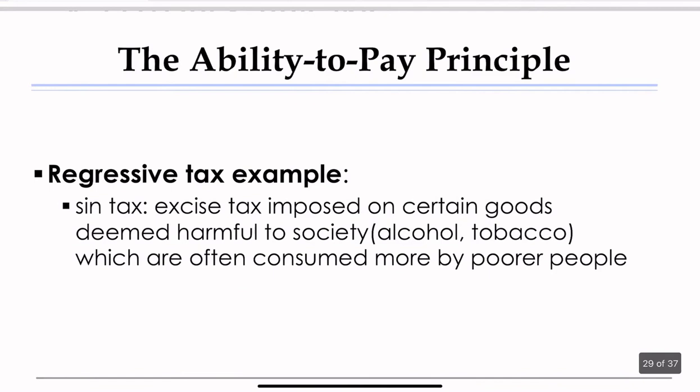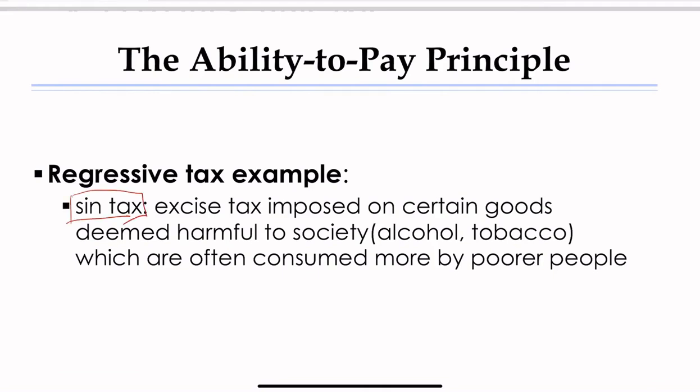Now, what is the regressive tax system? The regressive tax example can be given by the sin tax. Basically, sin tax is an excise tax which is imposed on certain sin goods.